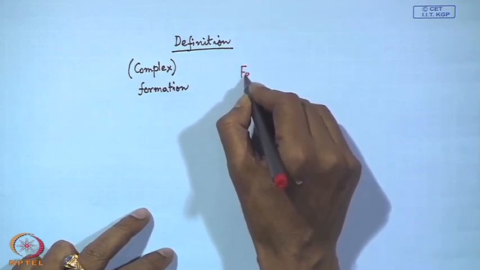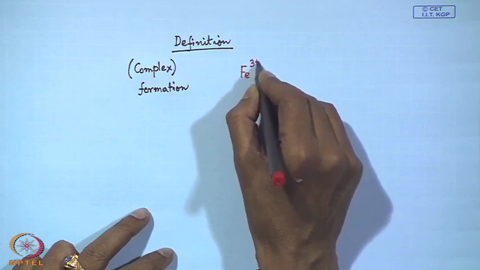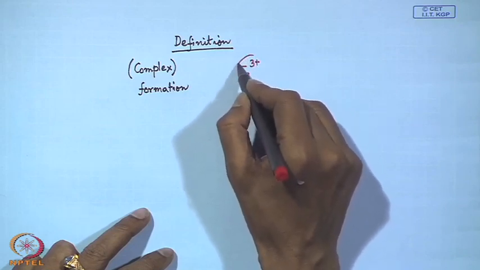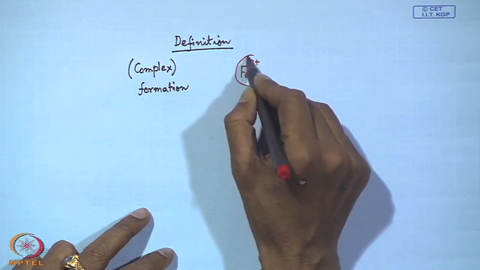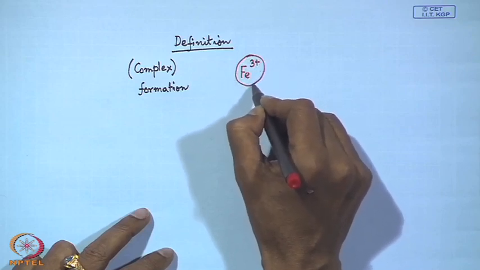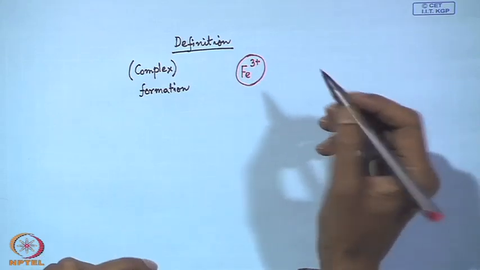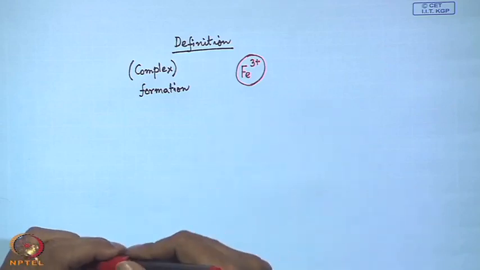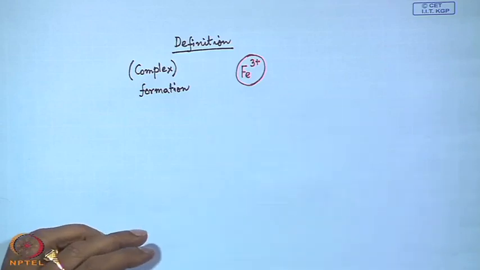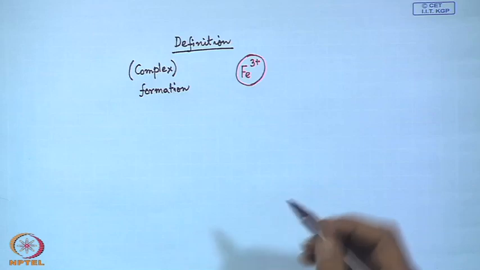We have seen that it can be a ferric ion. So how can we consider that coordination chemistry can be developed around a particular metal ion?